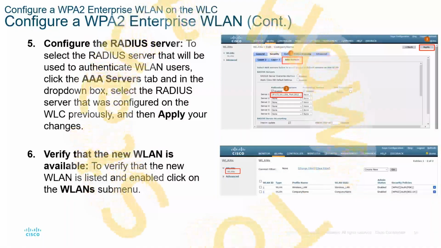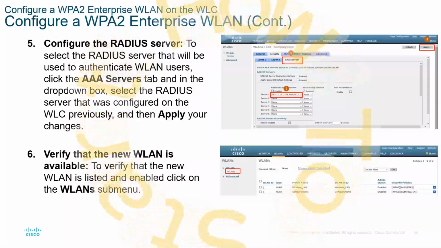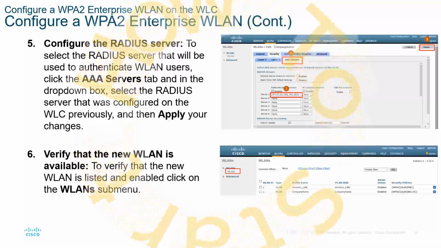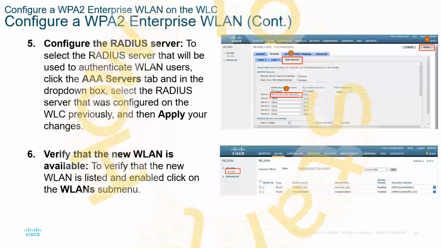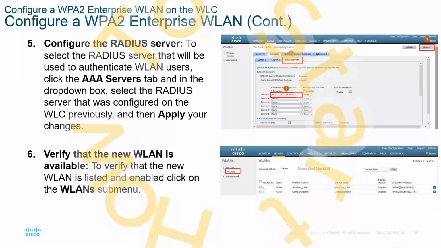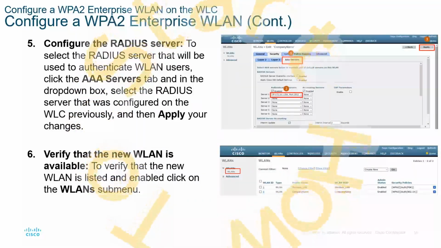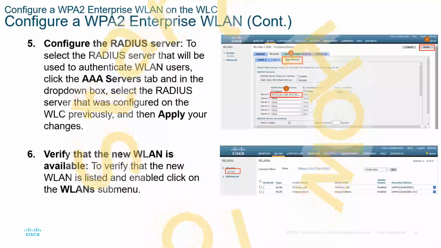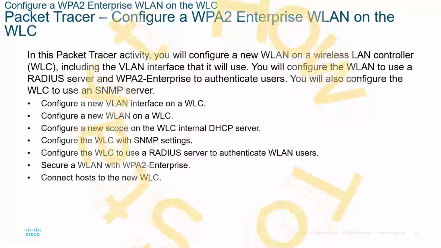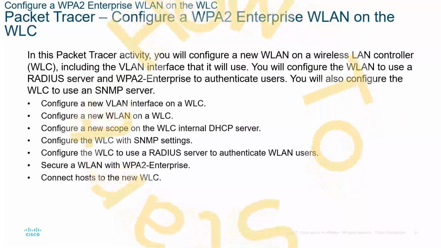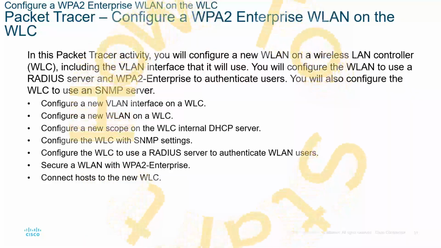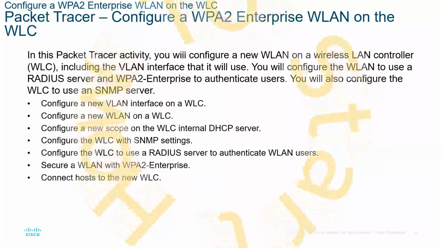That's going to be our IP address to wherever our Radius server is located. From there, we will go back to our wireless LAN main group, and we can see the information. That way we can verify the availability. And here is the Packet Tracer Lab, where we have all of that functionality being configured and set up.